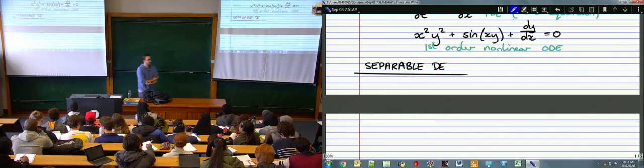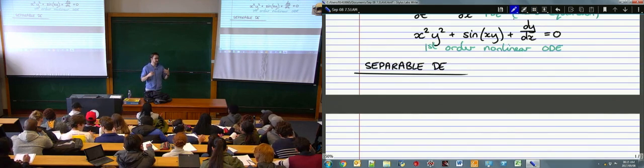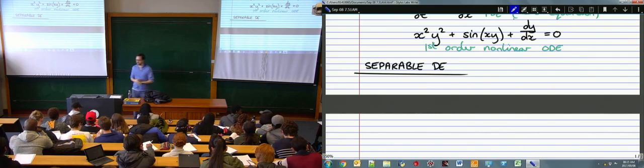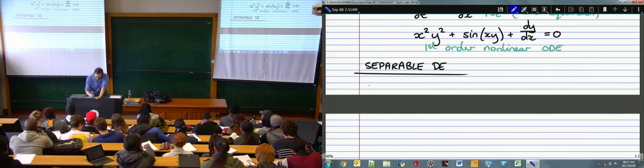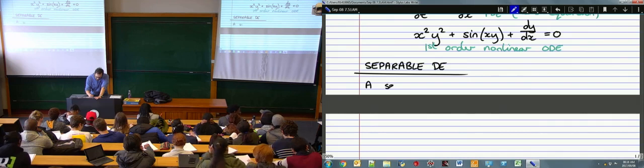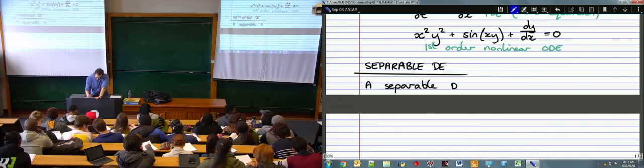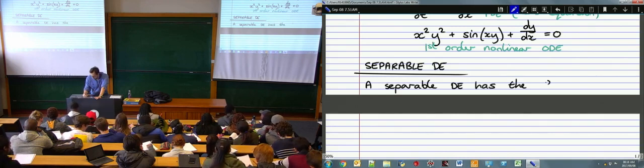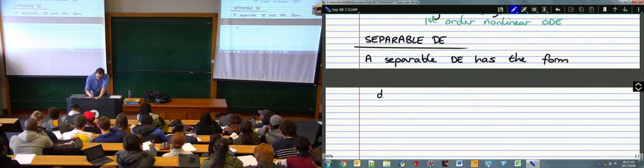Right, separable differential equation. So a separable differential equation is a first order ordinary differential equation of the following form. It's got this form.